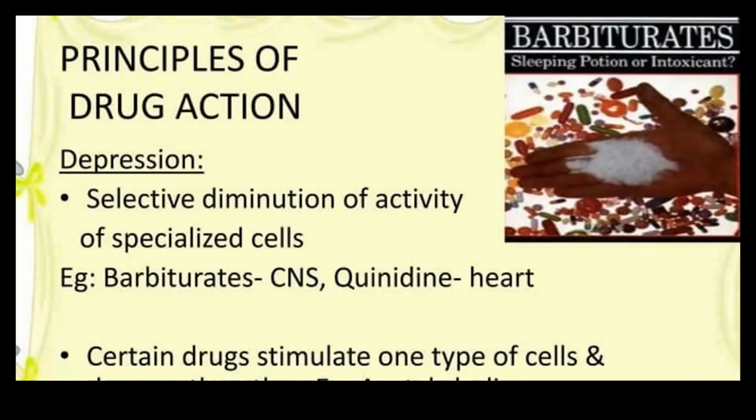And certain drugs stimulate one type of cell but depress another, like acetylcholine stimulates intestinal smooth muscle but depresses the SA node in the heart. Thus, most drugs cannot be simply classed as stimulant or depressant.